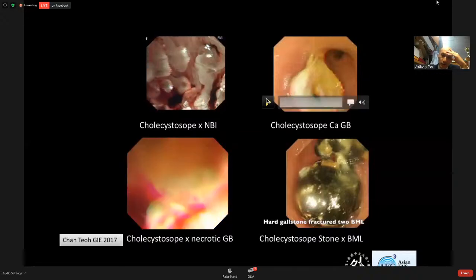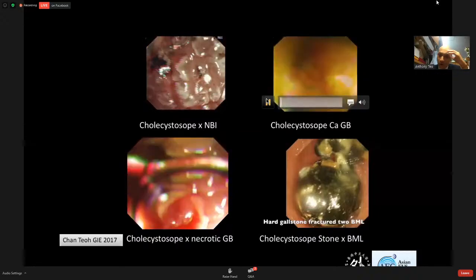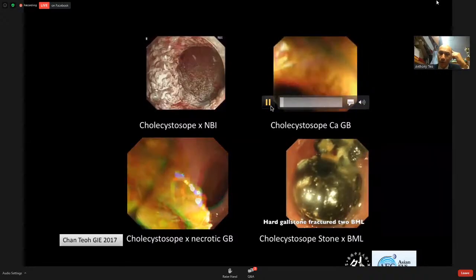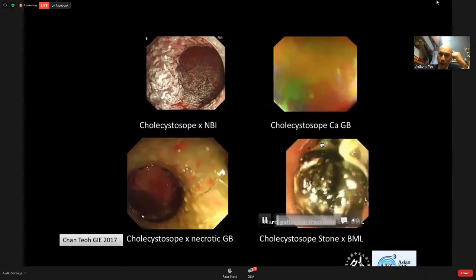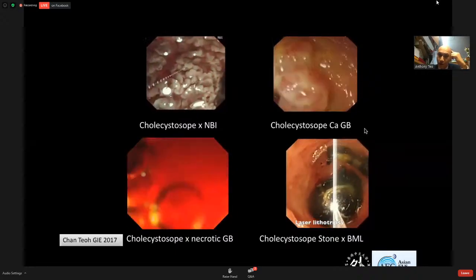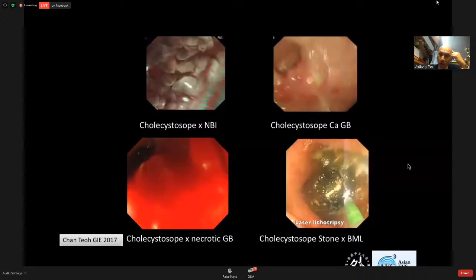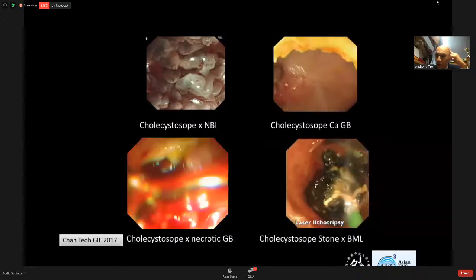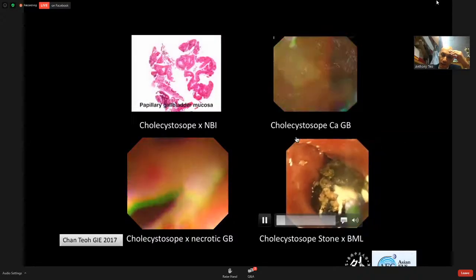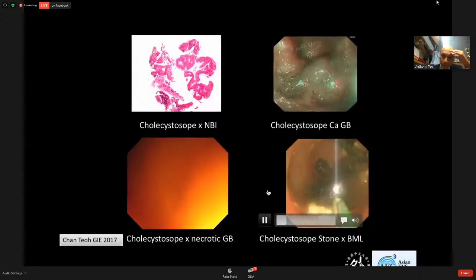This is interesting: an elderly patient in whom the pre-drainage CT didn't show anything, but when we went inside, we saw an incidental cancer of the gallbladder. It was an elderly patient, so surgery wasn't planned anyway, but again, this is a very unusual finding.